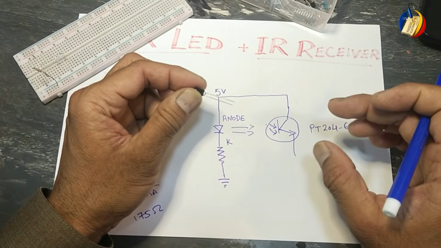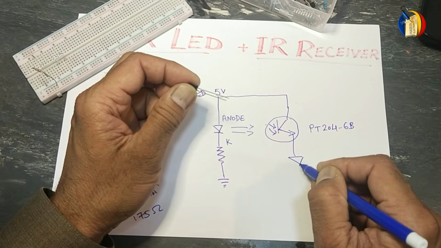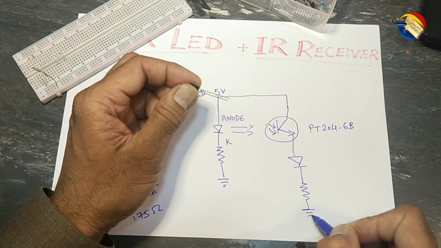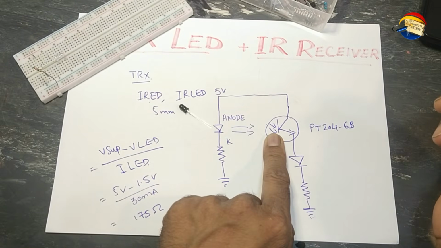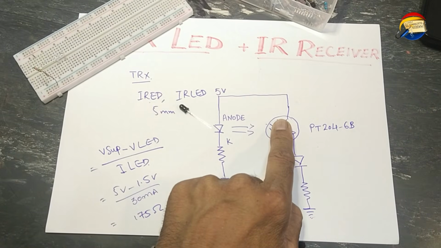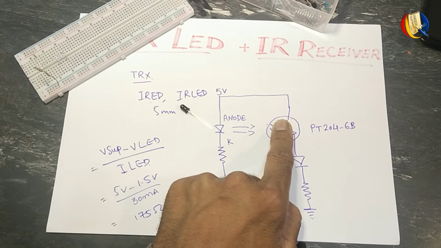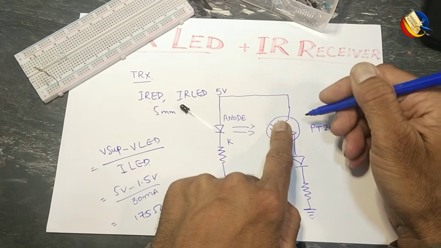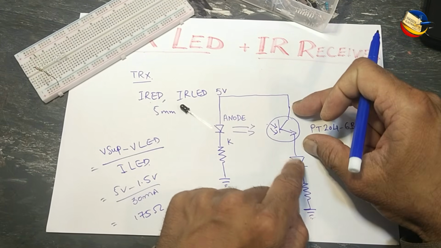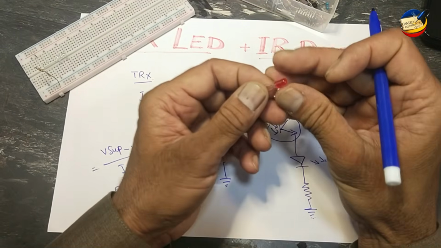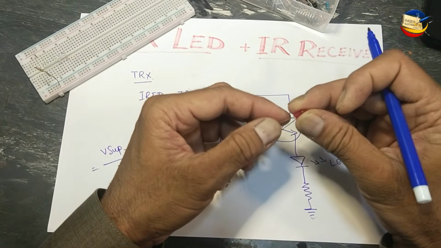To make it visual, I will connect an LED, and we will need a resistor here. When there is full light, the transistor will saturate, and the maximum voltage drop across its VCE, collector to emitter saturation voltage, is 0.4 volt. We will consider 0.4 volt. I will use a standard 5 mm red LED.